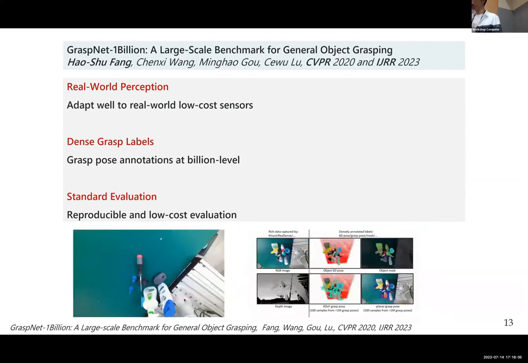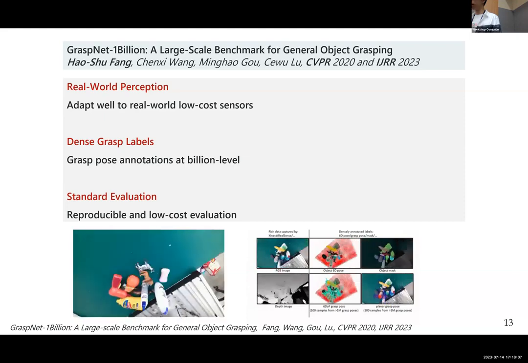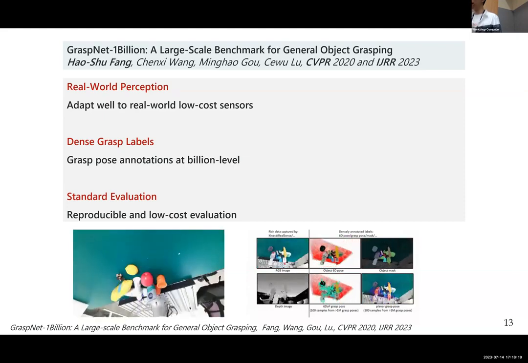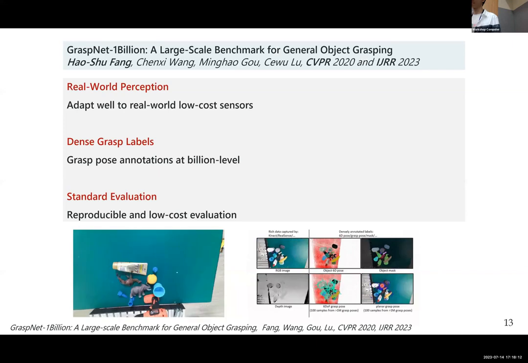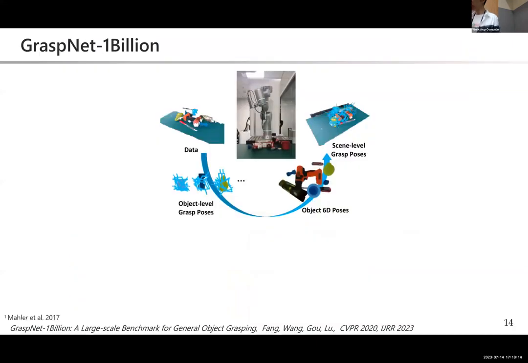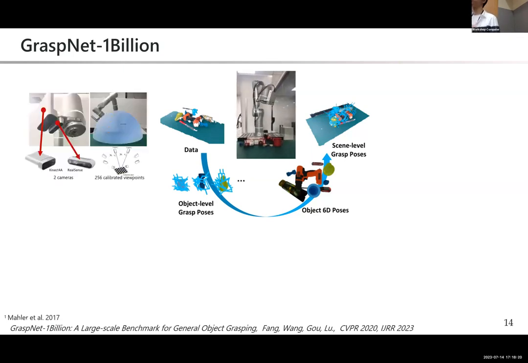In this data set, we provide real-world perception and dense grasp labels at billion level and a standard evaluation platform. Here I briefly go through the data collection and annotation process. First, we attach 2 cameras to the wrist of a robot, and the robot moves along a fixed trajectory containing 256 calibrated viewpoints.